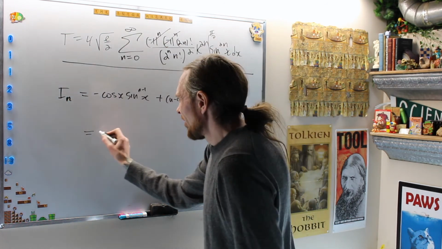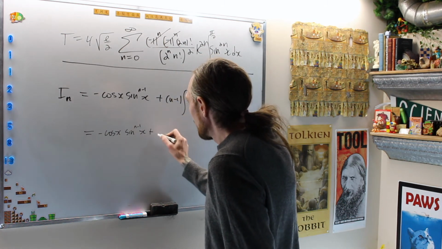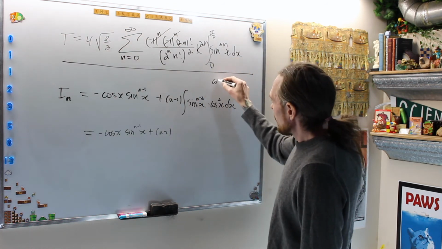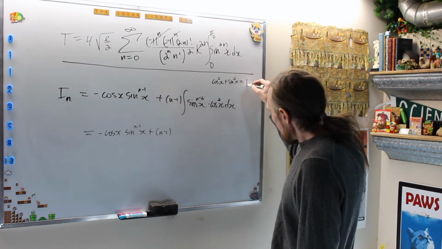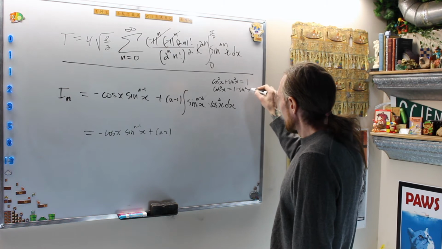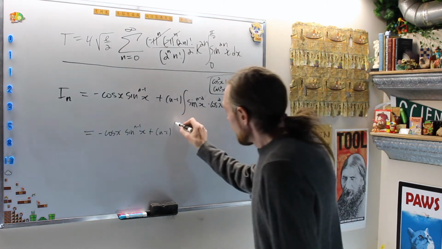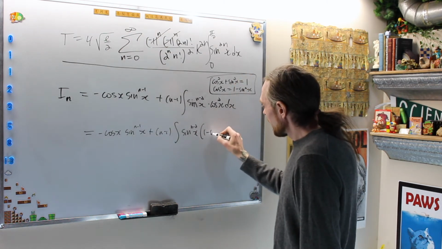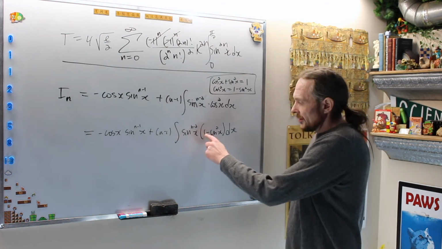This is equal to, we've got to write it all out, negative cos x sine^(n-1) x plus (n-1) times the integral of cos squared x sine^(n-2) x. Cos squared plus sine squared x equals 1, so cos squared x equals 1 minus sine squared x. This is the first one we want to use: the integral of sine^(n-2) x times (1 minus sine squared x) dx. We're going to distribute this in now.